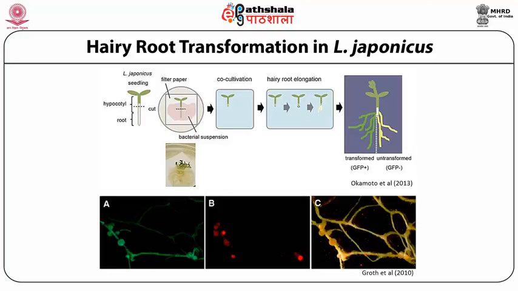After some time, these plants form hairy roots. Due to the presence of either GFP or RFP, they can easily select them. If the roots are green, that means they are transformed with your gene of interest. If the roots are not green, then they are wild type roots.